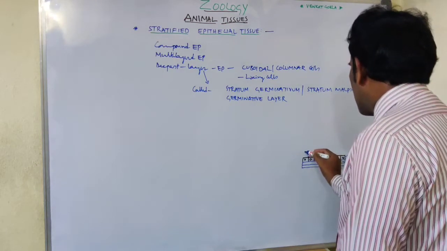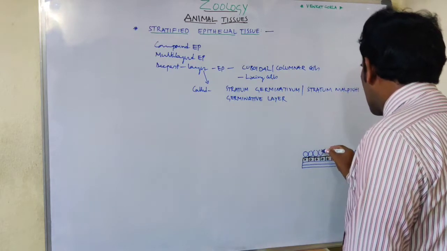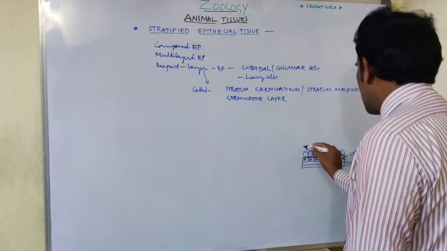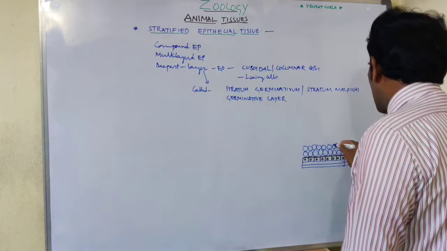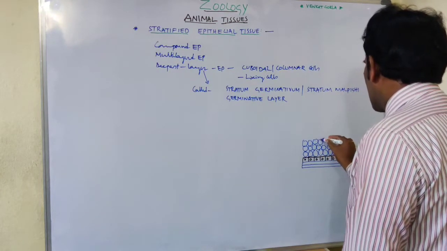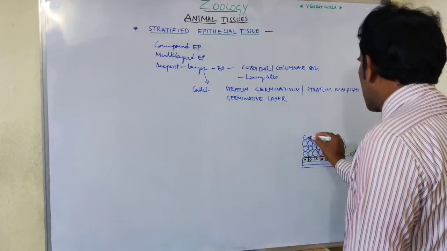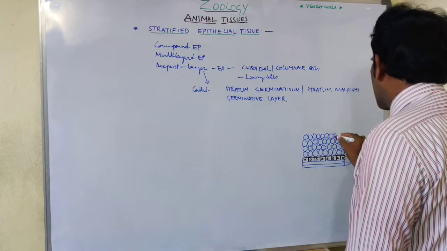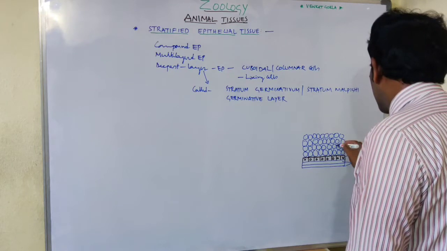The cells of this layer divide mitotically and form many cells. These cells are arranged to form many layers above this germinativum. The middle layers of cells appear polyhedral or polygonal in shape, and are also living cells.